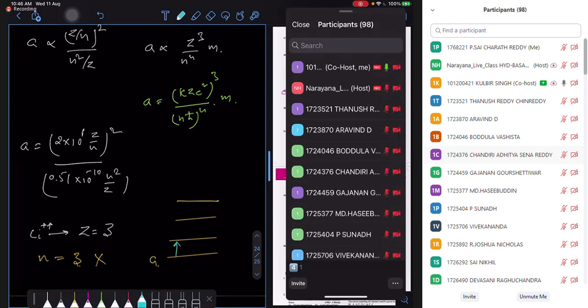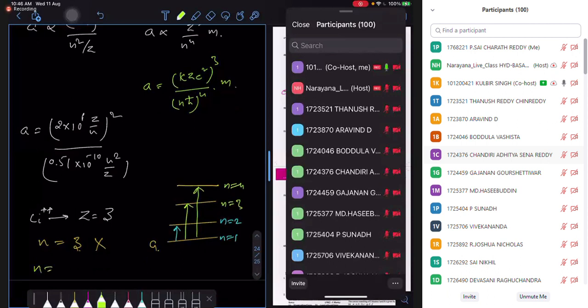You jump from n equal to 1 to n equal to 2; that's the first excitation. Then you go to n equal to 3; that's the second excitation. Then n equal to 4; that's the third excited state. So here n value is not 3, it is 4. You can put Z value 3 and n value 4, and you can find the acceleration value.